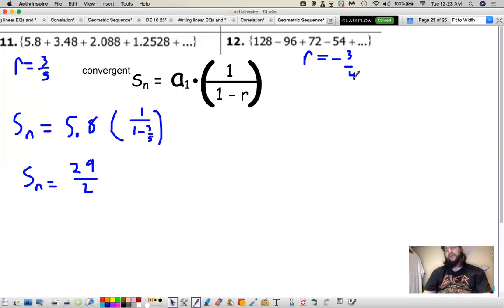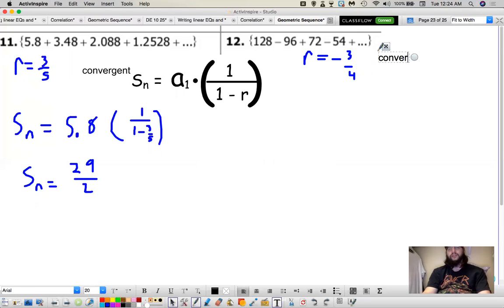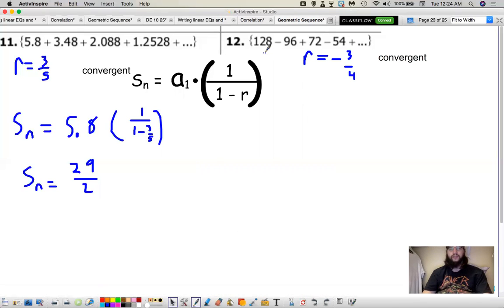And we're just going to go with, these have to be geometric in order for us to do this. So let's just go with, yeah, these are geometric, unless we obviously see one that's not. So it's convergent, starting at 128, positive.